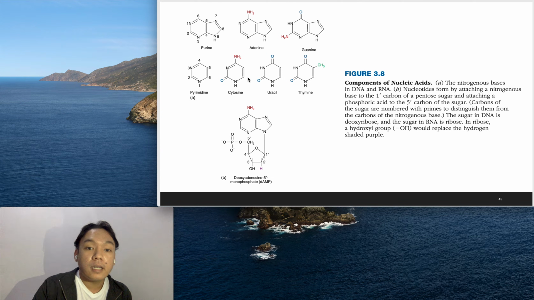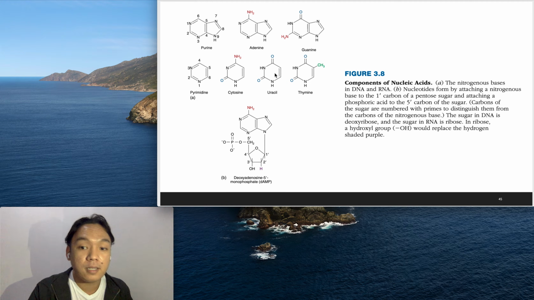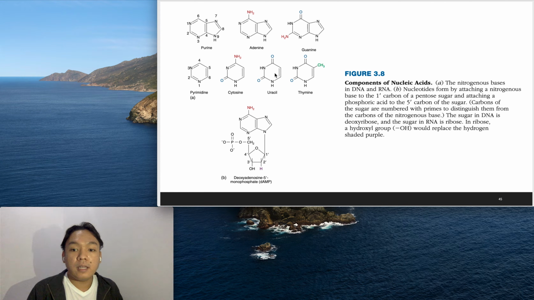For the RNA, it's guanine and cytosine, but instead of adenine and thymine, for RNA it's adenine and uracil. These nitrogenous bases form a tight bond with each other. These bonds will help the DNA form its double helix shape.